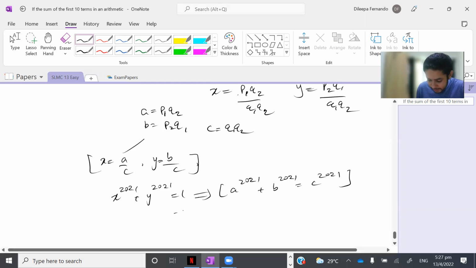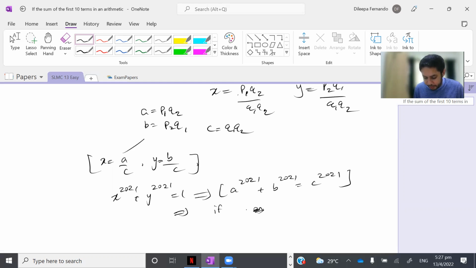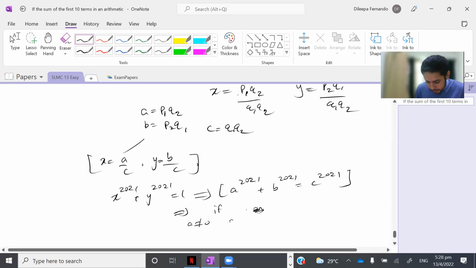So let's consider the case of zero. If one of them is zero, either a is zero or b is zero. That means either x equals 0 or y equals 0.